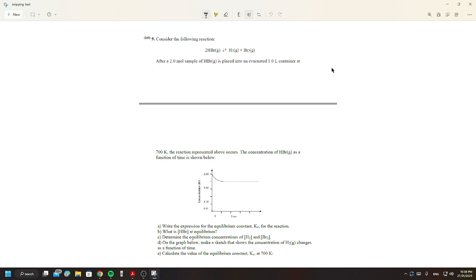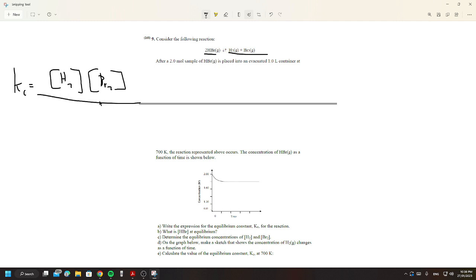Let's write down the formula for the equilibrium constant. So Kc, let's give ourselves more space. Kc equals concentration of products, so H2 and Br2, over HBr, where the concentration of this one was 0.1, concentration of this one was 0.1, concentration of this one was 1.8.